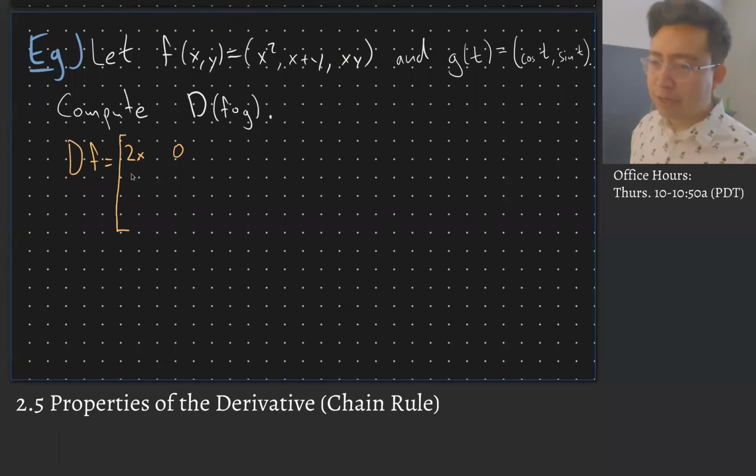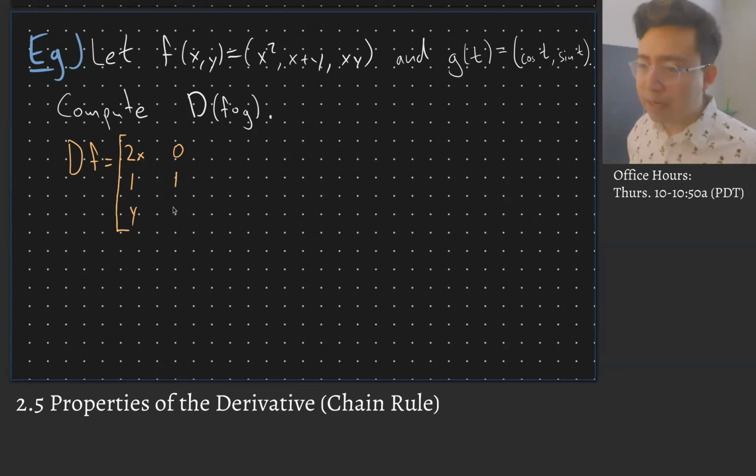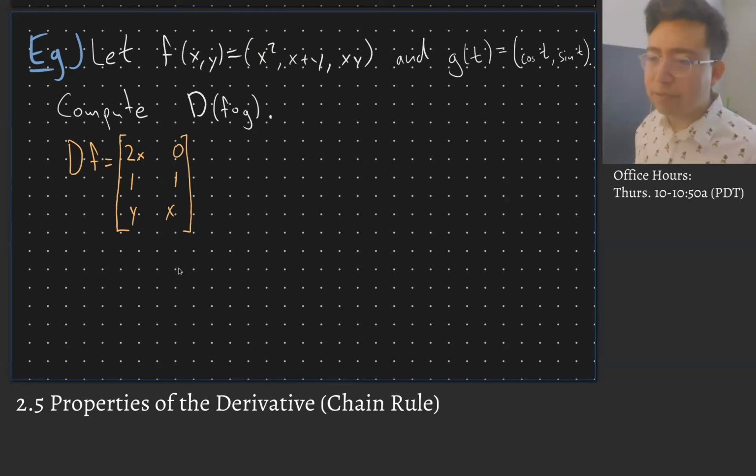So here, the derivative with respect to x is just 1, and the derivative with respect to y is also 1. Okay. And now what about here, x times y? The derivative of that with respect to x is y, and the derivative of that with respect to y is x. So we end up with this matrix of partial derivatives.